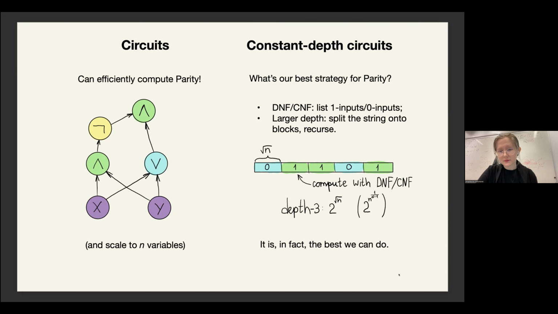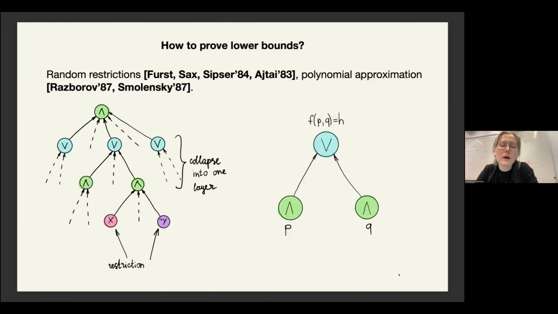And how can we understand that? How can we prove a lower bound for parity for constant depth circuits? Well, there are several options for proving lower bounds for constant depth circuits. Let me give you 2. First one being random restrictions. I have a picture here.